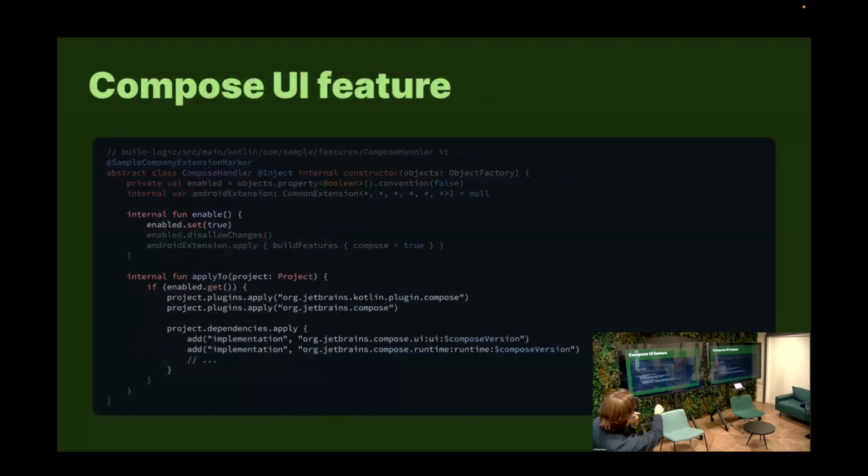Each feature has an enable function. So when they call into sample features compose, this gets trickled down and enables that feature. And after the evaluation of the project, after the configuration of the project, it runs the apply to blocks. And at that time, when the feature is enabled, it will apply the plugins.